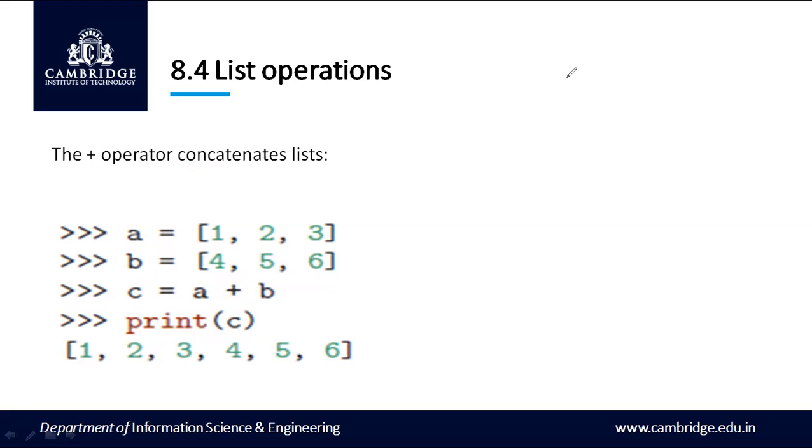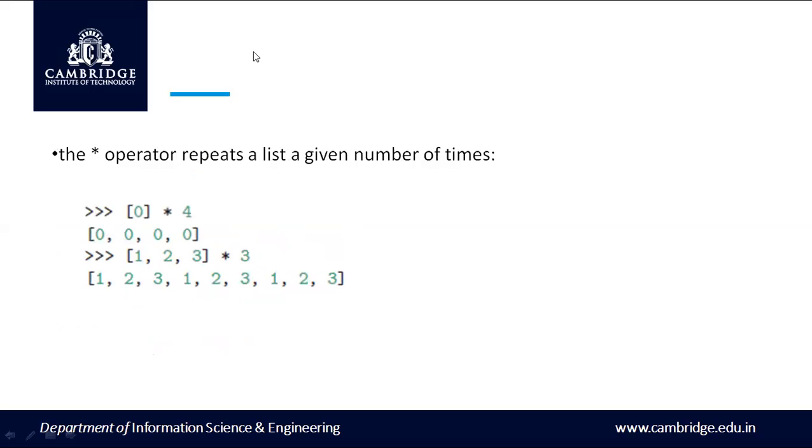Next we move on to the repetition operator, which is represented by star. Here you can see the example for the demonstration of the star, the repetition operator. This repetition operator repeats a list a given number of times. So however many times you specify, that many times it repeats.